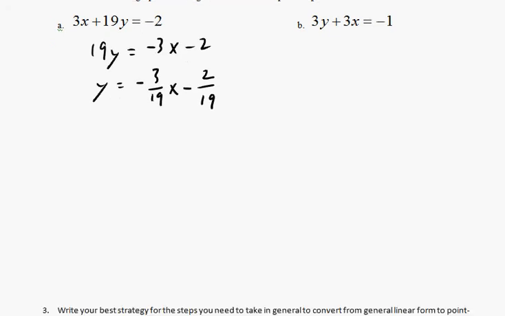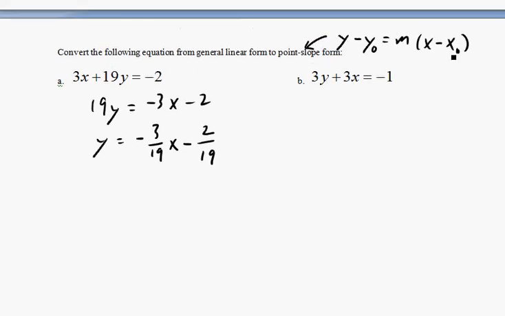Now we have this equation in slope-intercept form. To write the equation in point-slope form, since we already have the slope, we just need to find the coordinates of a point. In slope-intercept form, we know that the y-intercept is simply this number here, the negative 2/19. So the y-intercept would be 0, negative 2/19, which gives us our point that we need for point-slope form.